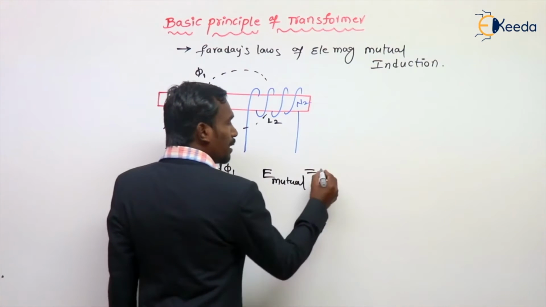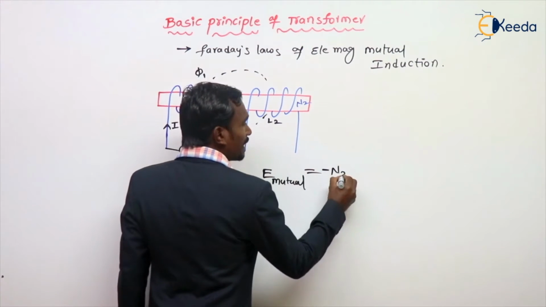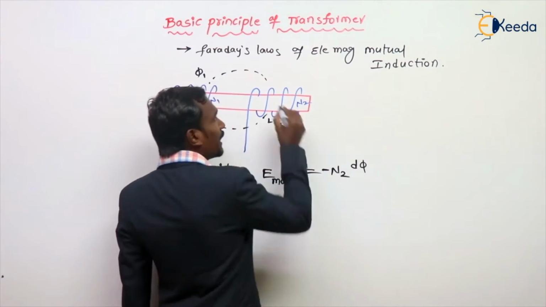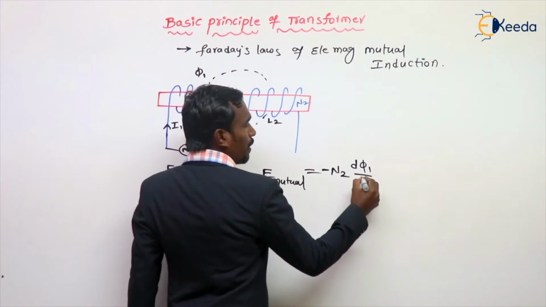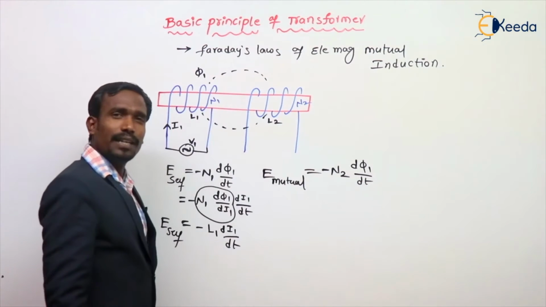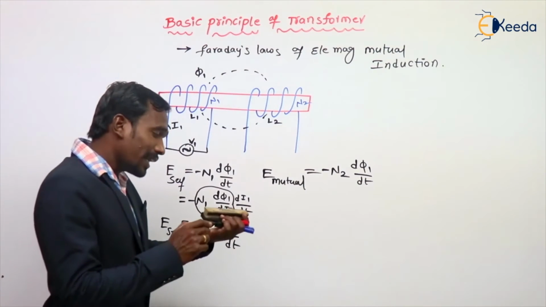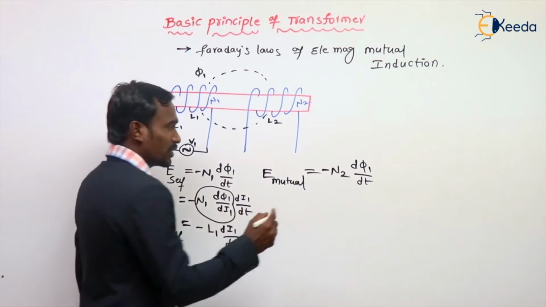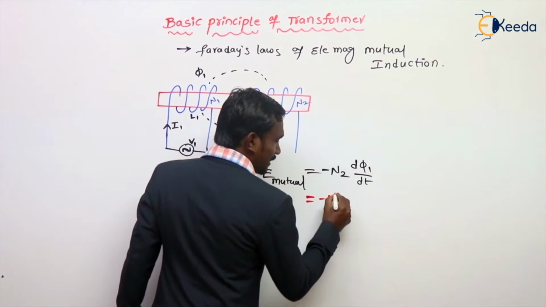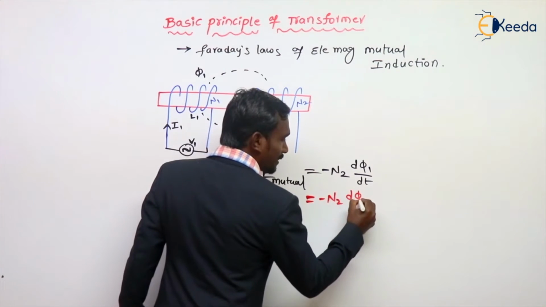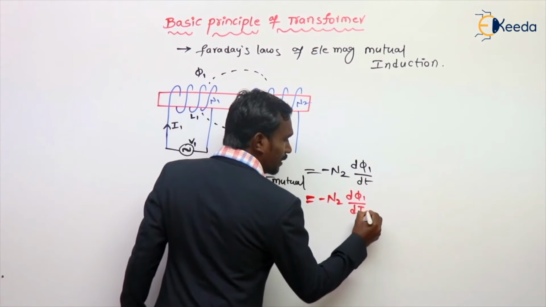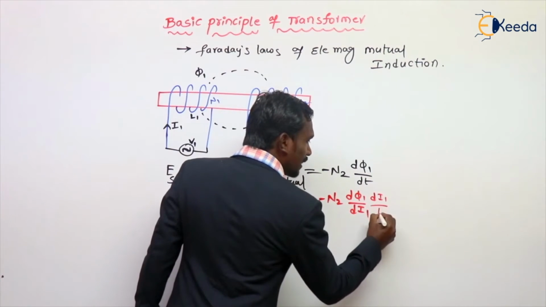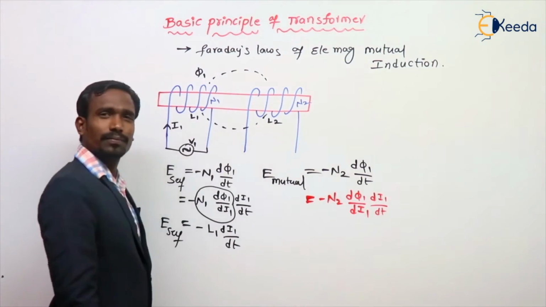The formula is also minus N multiplied by d phi upon dt. Again, for a small modification, for easy calculation, minus N2 d phi1 upon di1 and di1 upon dt.